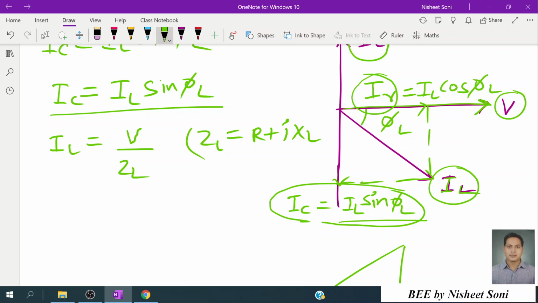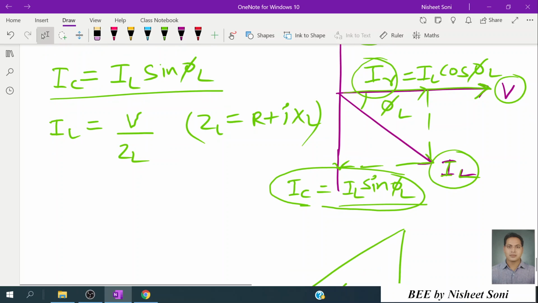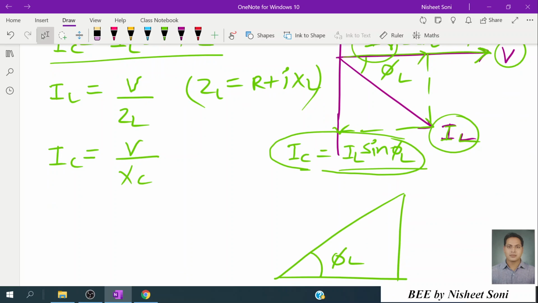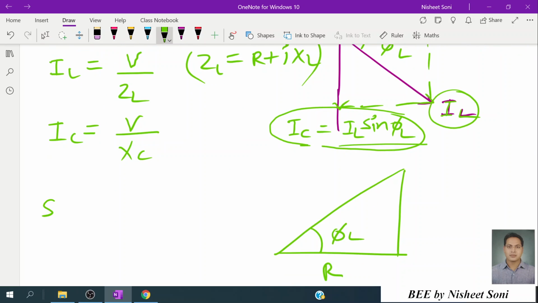If we want to write IC, that IC will be nothing but V divided by XC, which is the capacitive reactance. And if you want to find sin phi L, that sin phi L will be XL by ZL.